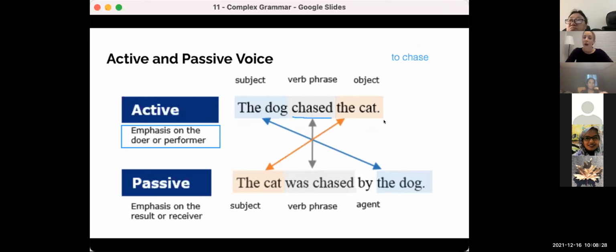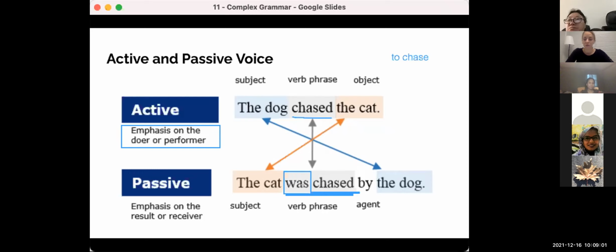We can create a passive sentence to put the focus on the receiver of the verb. The cat was chased by the dog. Was chased. To create the passive form of the verb, we use the verb be and then the past participle of the verb.